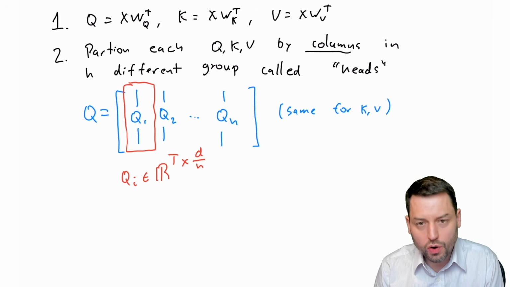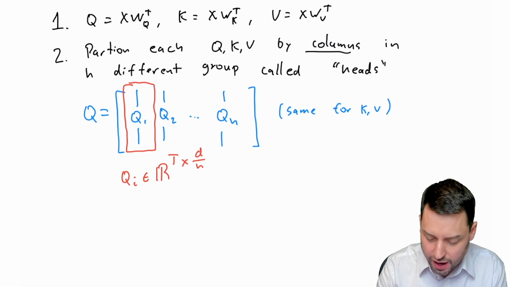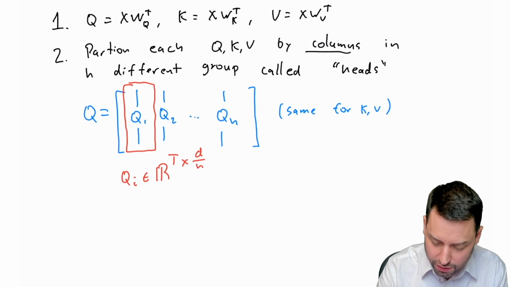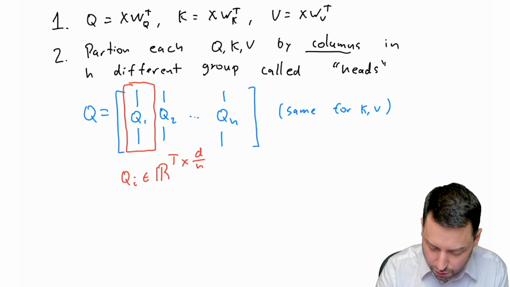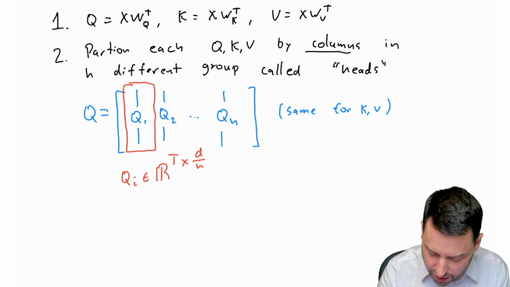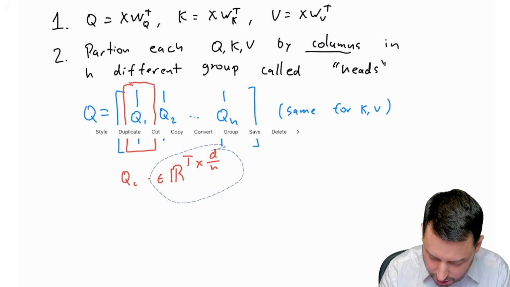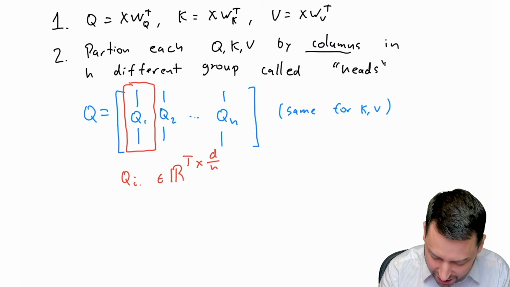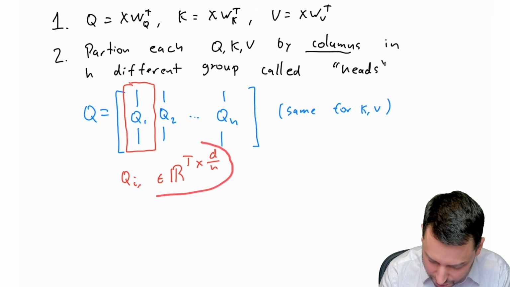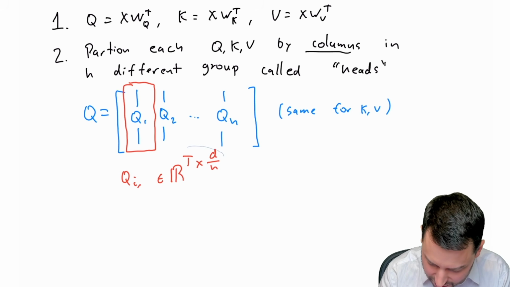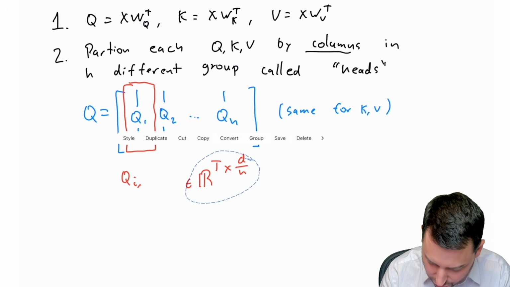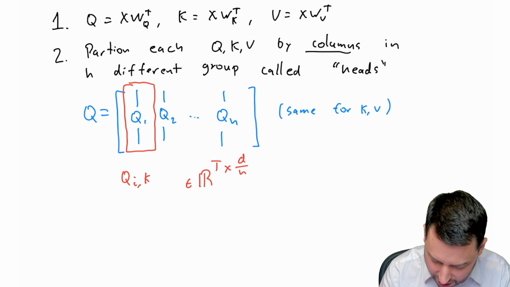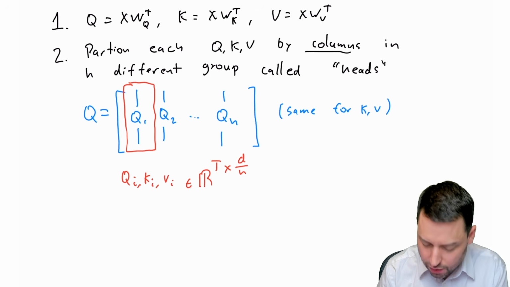And the same for K and V. K would also be partitioned like this into blocks that are the same size. So Q_i, K_i, and V_i are all this size.